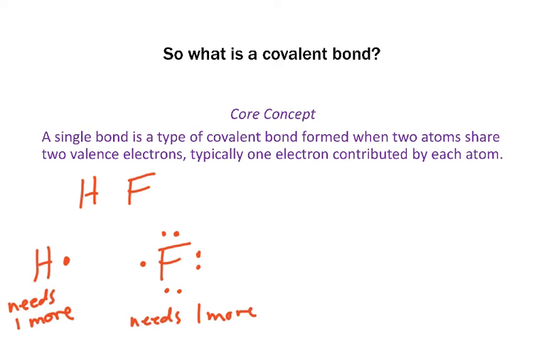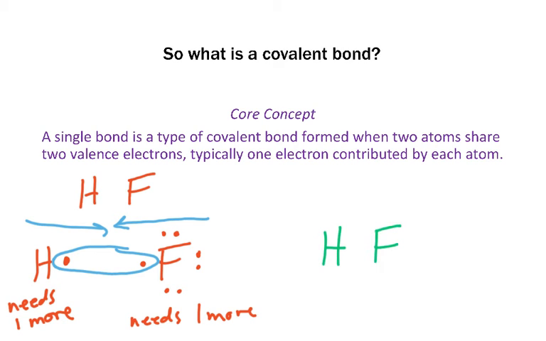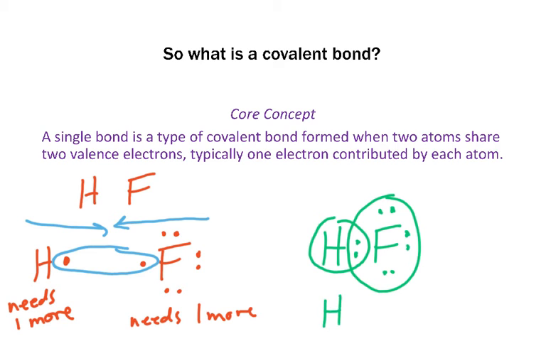So if they move towards each other, we can see they can share like so, and we get an H, F, and here in the middle, hydrogen has 2, fluorine has 8, and the 2 electrons we can just turn into a single line indicating a bond.